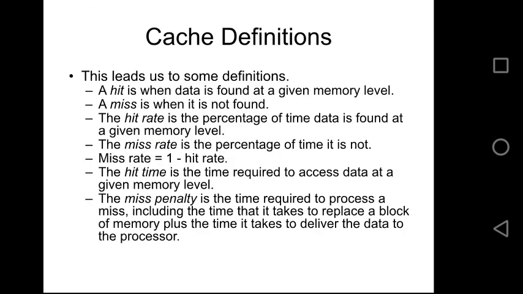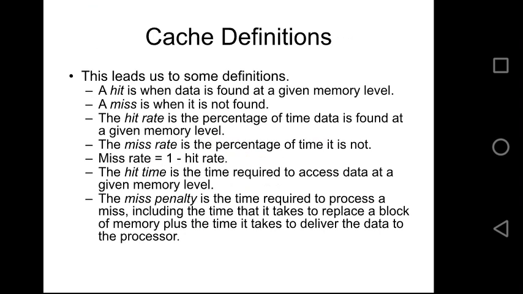Now we see some basic definitions in the cache. A hit, or a cache hit, is when data is found at a given memory level. A miss is when the data is not found in the cache. The hit rate is the percentage of the time data is found in the cache.